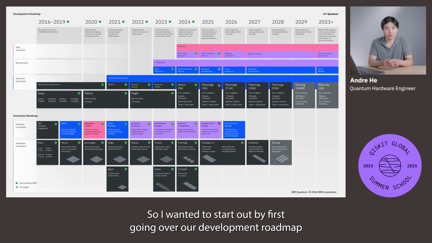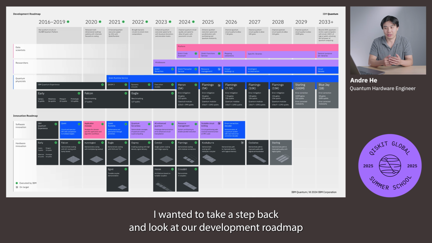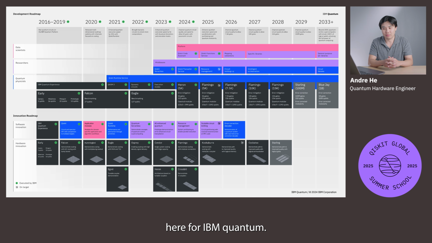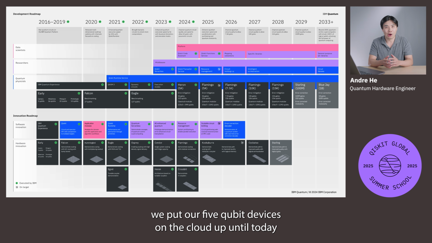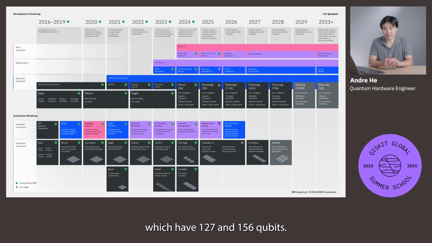So I wanted to start out by taking a step back and looking at our development roadmap here for IBM Quantum, where at first in 2016, we put our 5-qubit devices on the cloud, up until today, where we have Eagle and Heron systems available to our clients, which have 127 and 156 qubits.